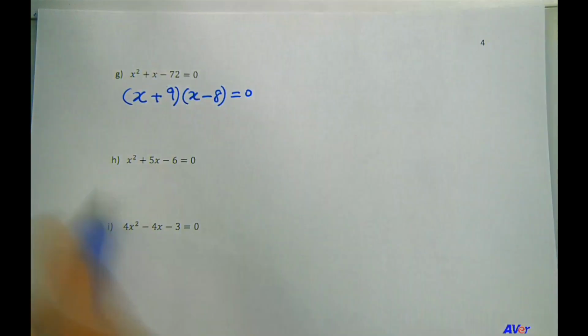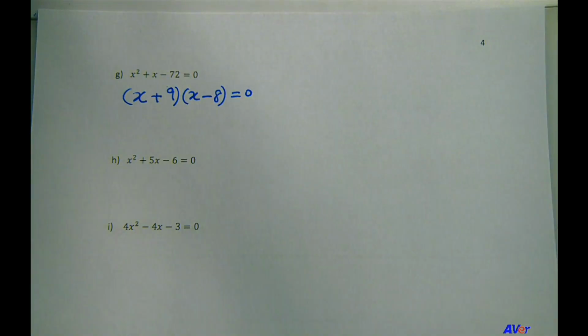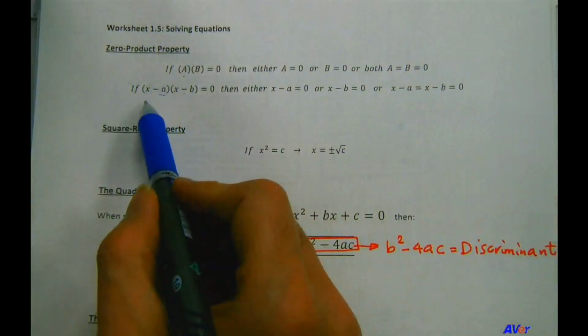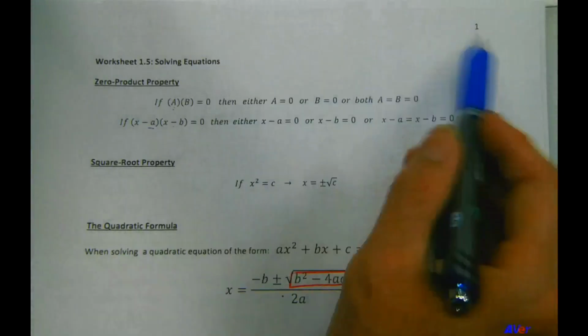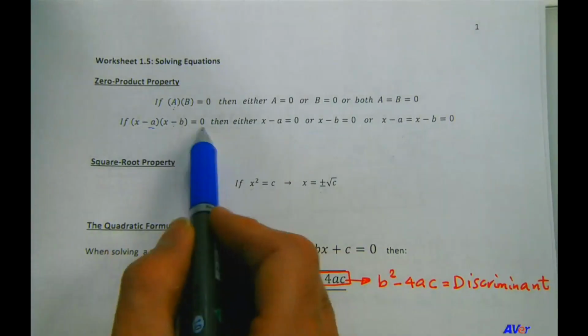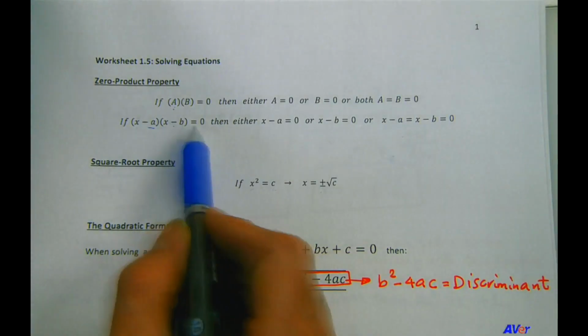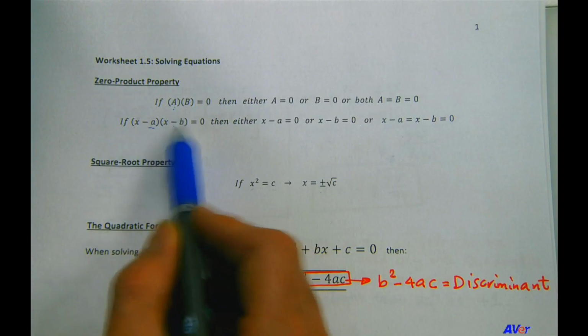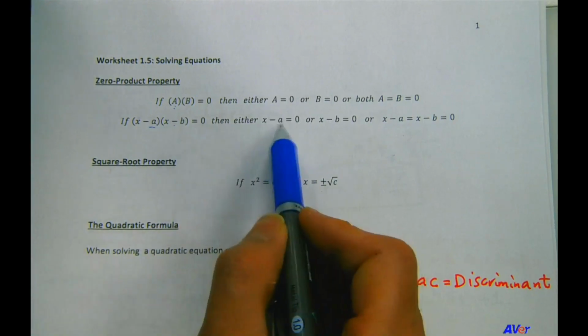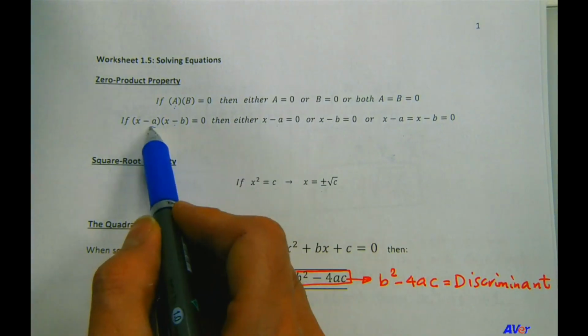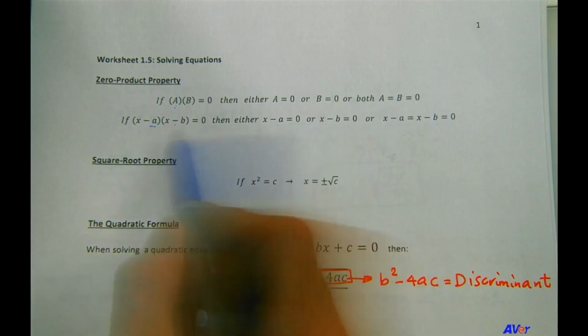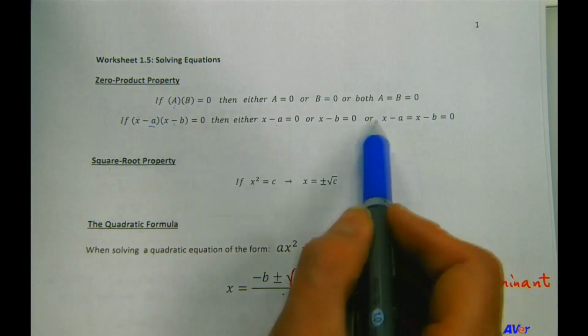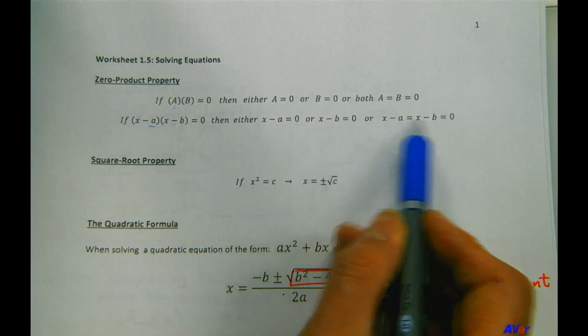Okay, so now remember that property that I showed you, the zero product property. Remember this property on page 1? If this times that, two terms times two terms, equals 0, then either x minus a should be equal to 0, or x minus b equals 0, or both.